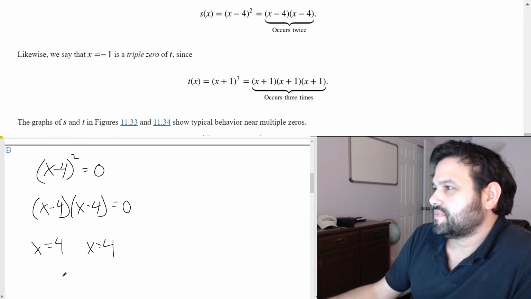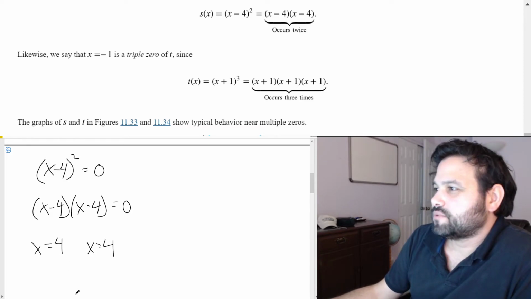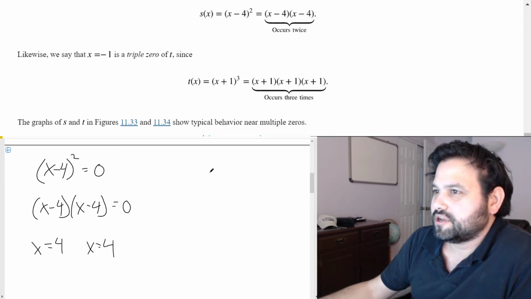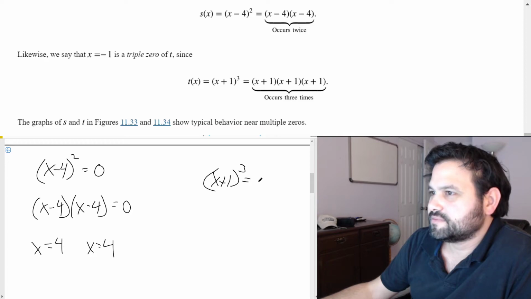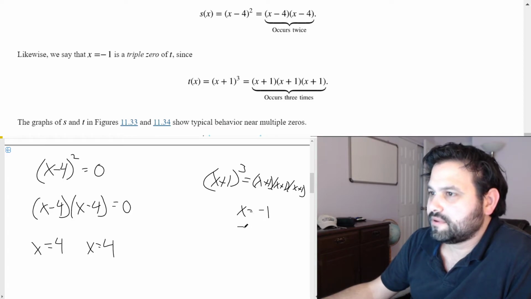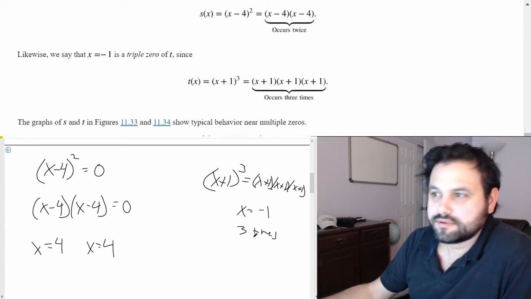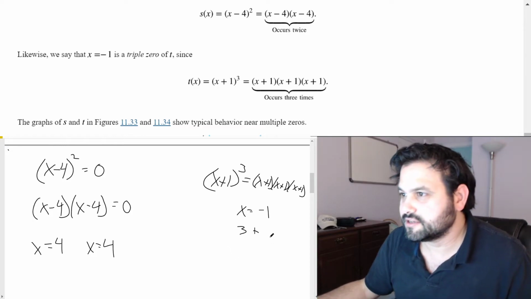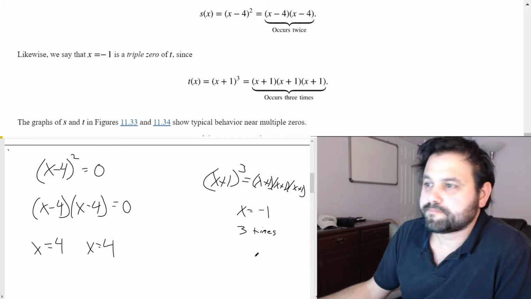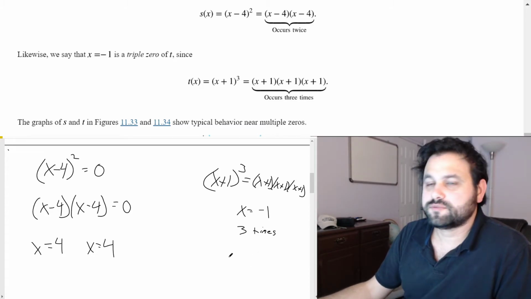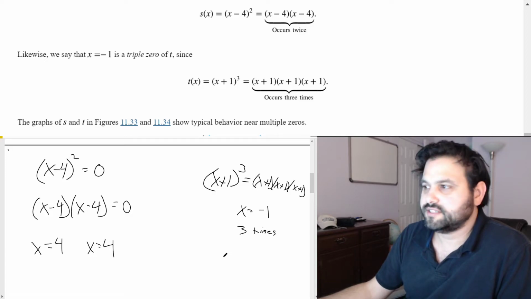So if we're talking about x plus 1 cubed, that expanded would give us x equals negative 1, but it would happen 3 times. Okay? So that's what we mean by multiple zeros or multiplicity.